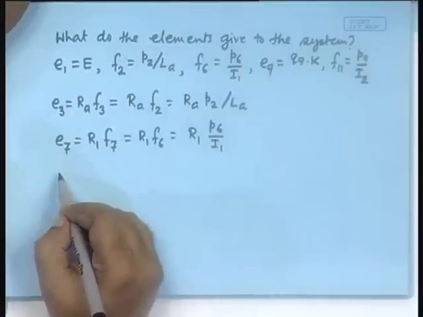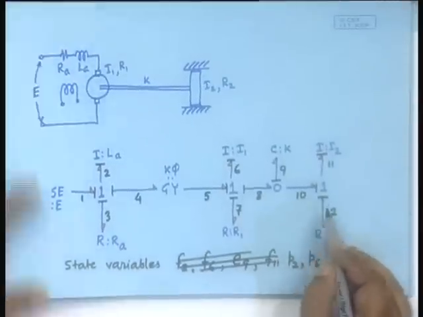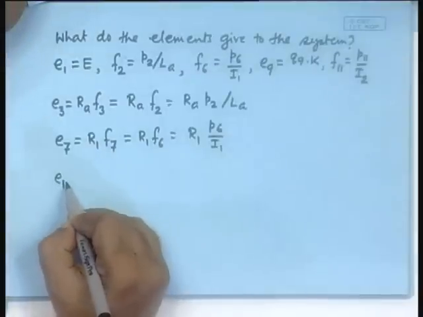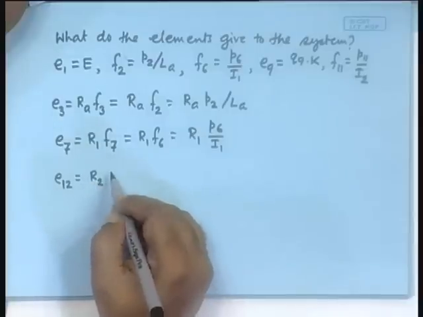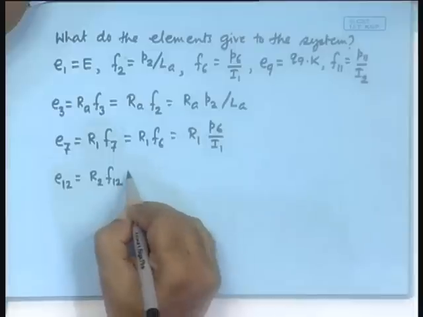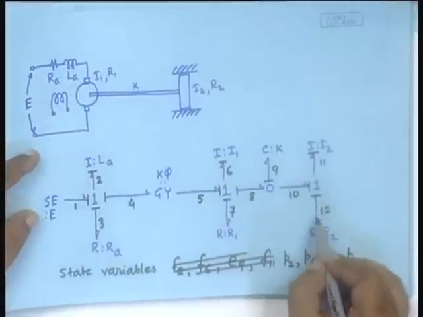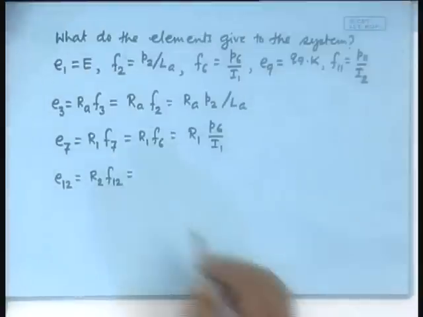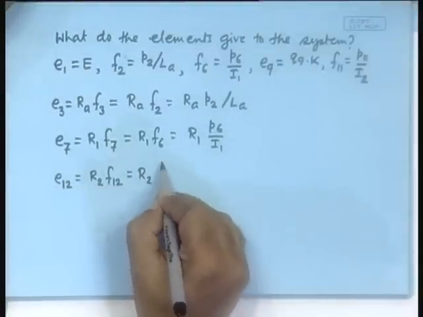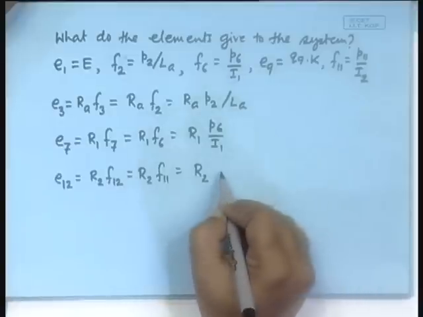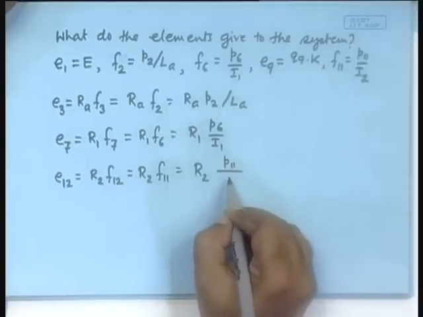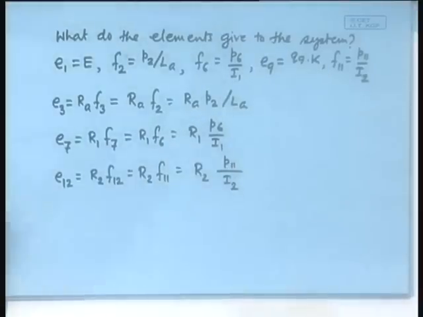Similarly, the last one gives E12. E12 is equal to R2 F12, and F12 information comes simply from here. So, R2 F11, which is also known, R2 P11 by I2. So, all these answers are obtained.